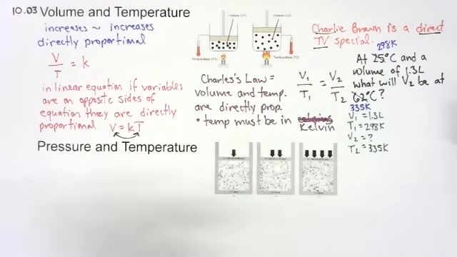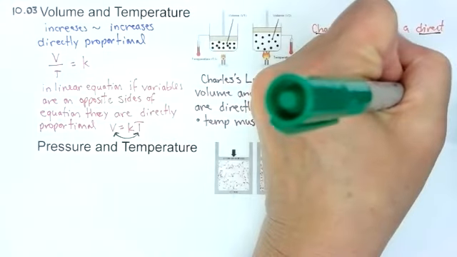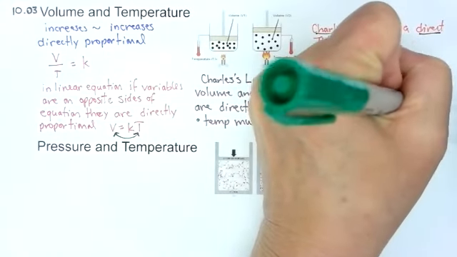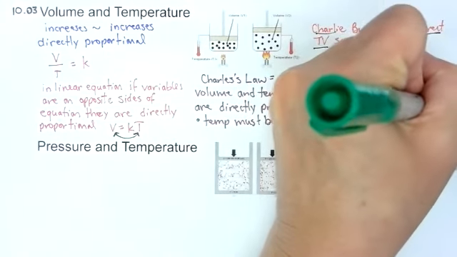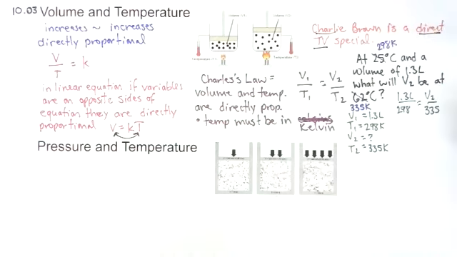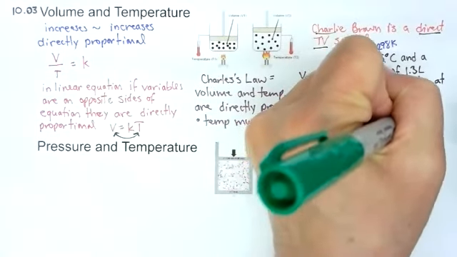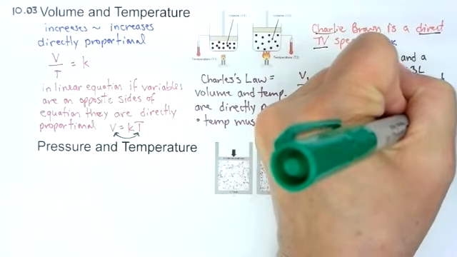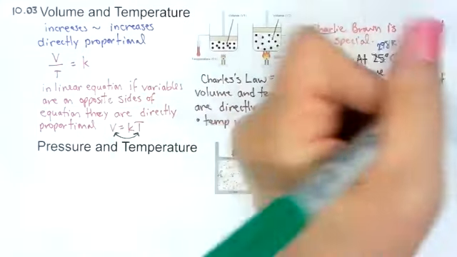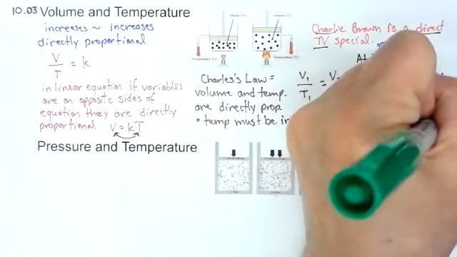So I'm going to put that into my equation. I've got 1.3 liters over 298 equals V2 over 335. The easiest way to solve these is to cross multiply. So I'm going to take 1.3 times 335 equals V2 times 298.